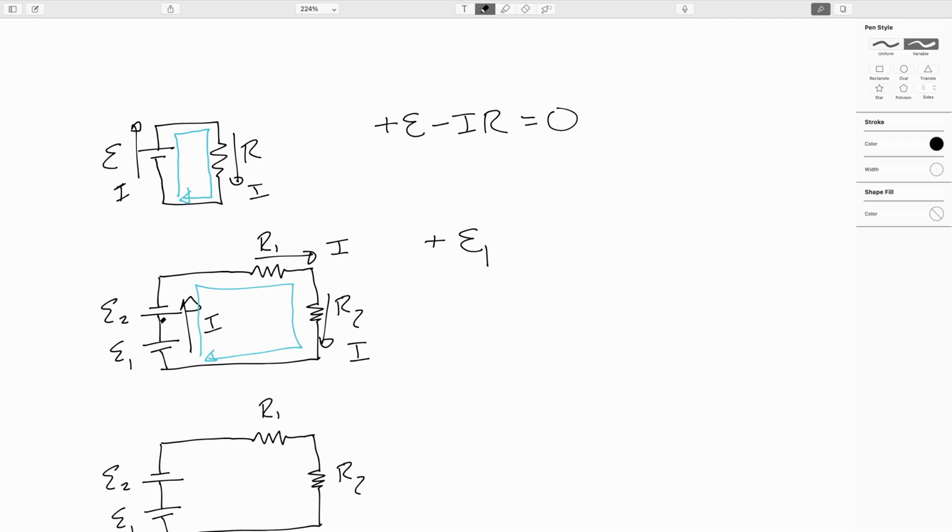And then I exit at the negative terminal with the second battery. So that's minus E2. Here I'm going downstream, so I'll say minus IR1. And I'm going downstream here, so I'll say minus IR2. And then I'm back home, so I write equals 0.